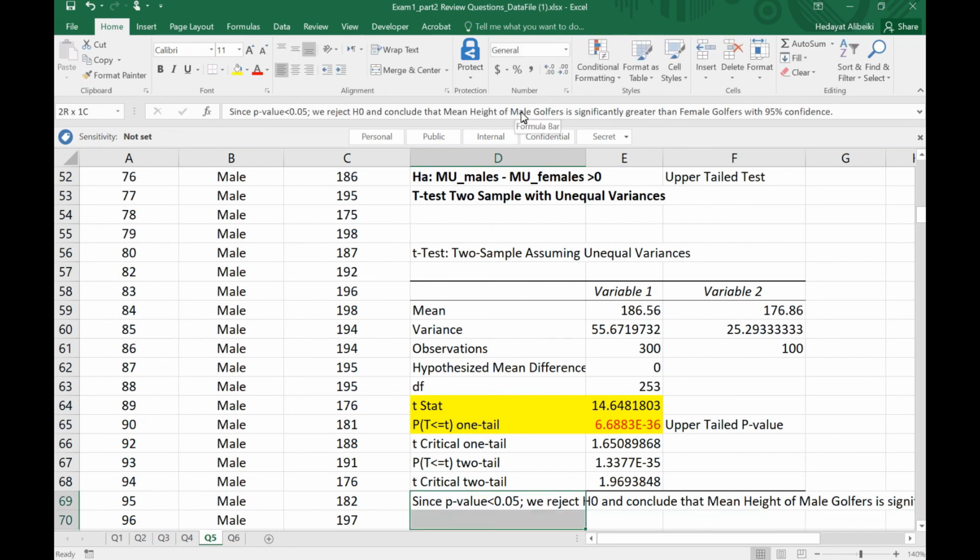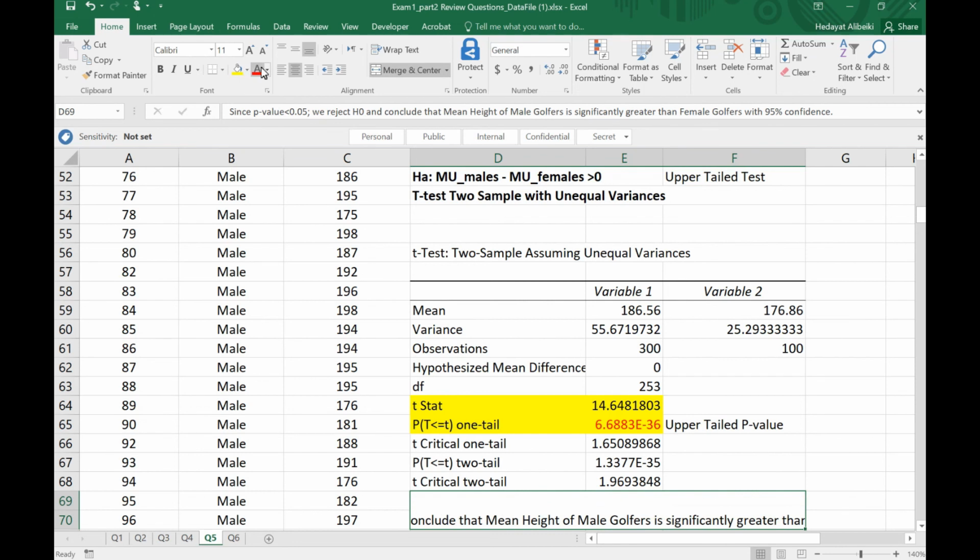That would be it for this question. So this actually answers question number 5.